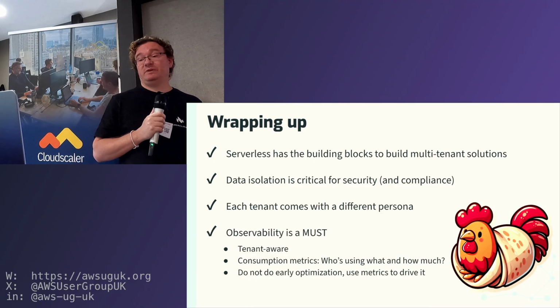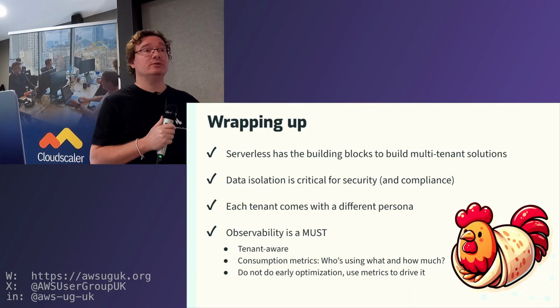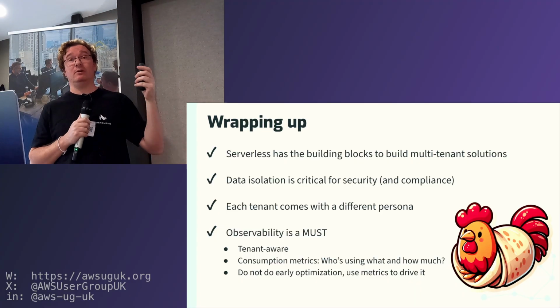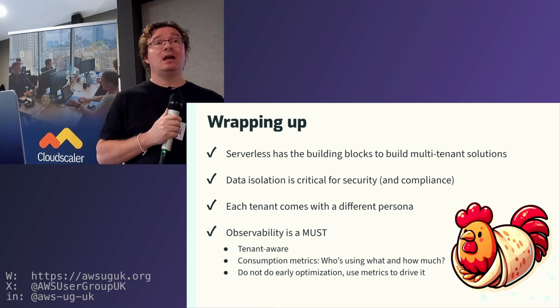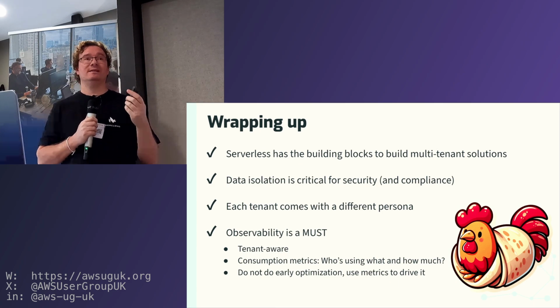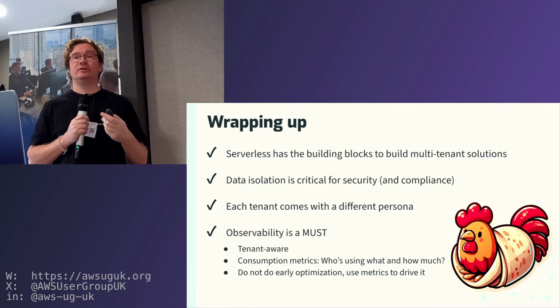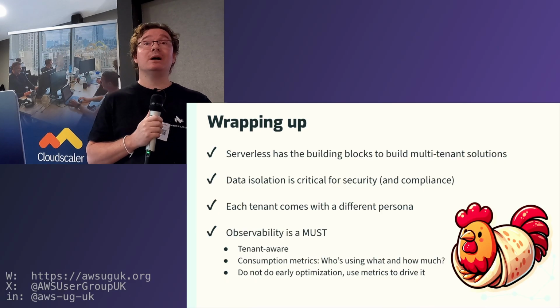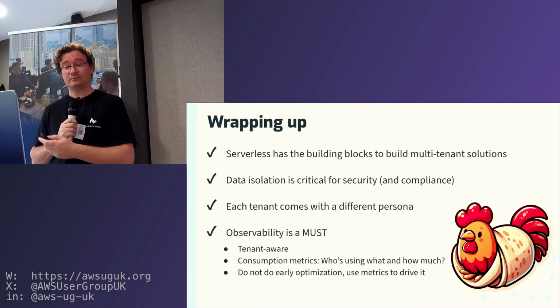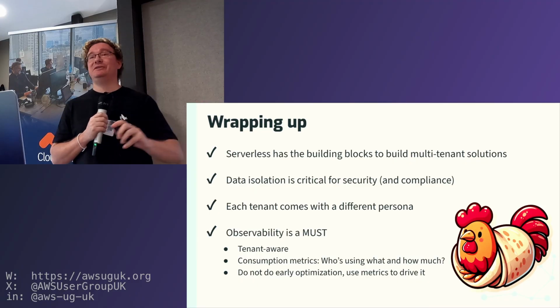Each tenant comes with a different persona, and we don't have time here to go through observability, but observability is a must. And this observability needs to be tenant aware. Why? When something goes wrong, I need to quickly be able to identify who is using what and how much of that they're using.